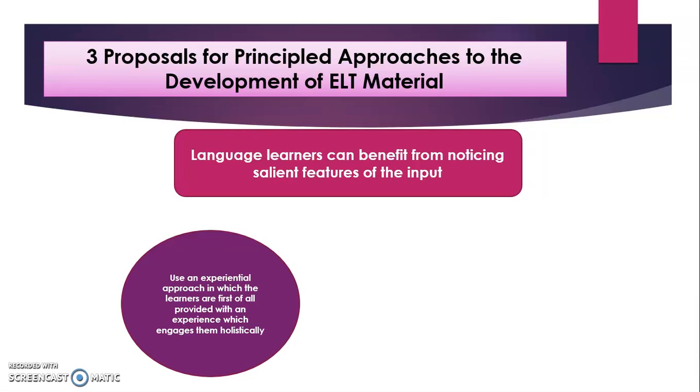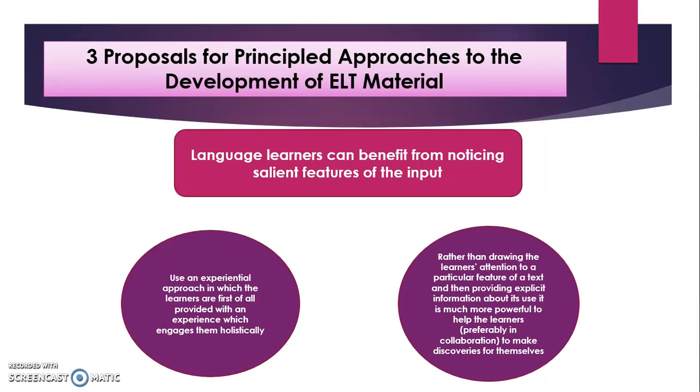Engage them holistically in reading or listening, then draw the learners' attention to a particular feature of the text, and then provide explicit information about usage. It is much more powerful to help the learners, preferably in collaboration, to discover these for themselves.